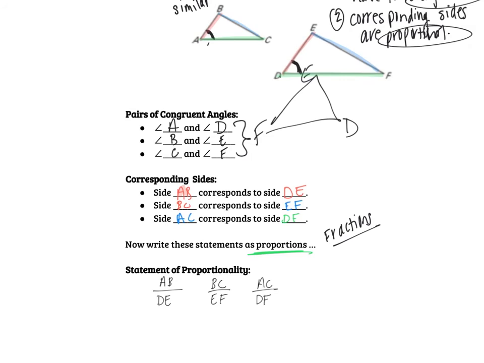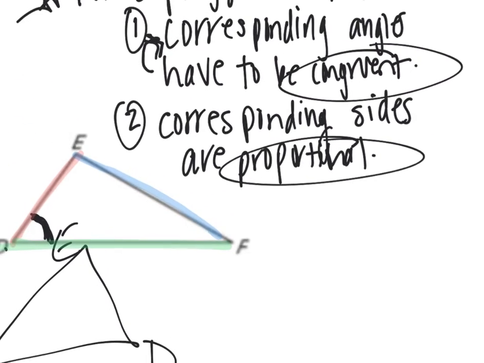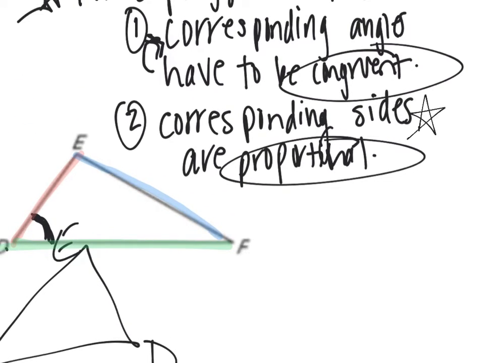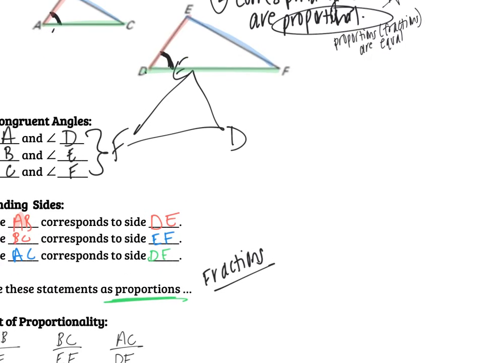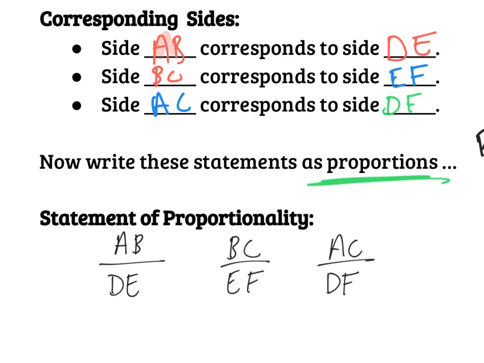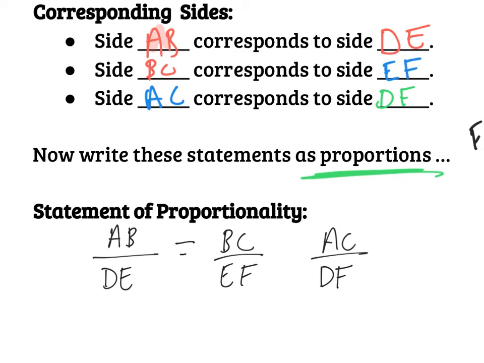Because these two triangles are similar, the corresponding sides are supposed to be proportional. Being proportional just means that the proportions are equal. The fractions are equal. So that means down here, I'm going to write an equal sign in between these three proportions.